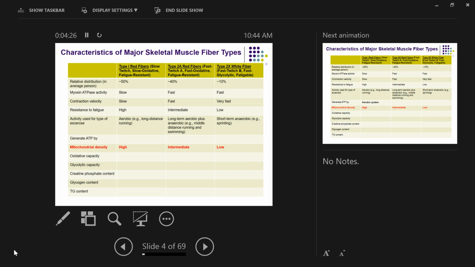So if you look at the mitochondrial density first, type 1 red fibers are slow twitch, slow oxidative, and fatigue-resistant fibers. This type of fiber contains a very high amount of mitochondria, right? That's why the muscle fiber looks red, because they have a lot of mitochondria in the muscle cells.